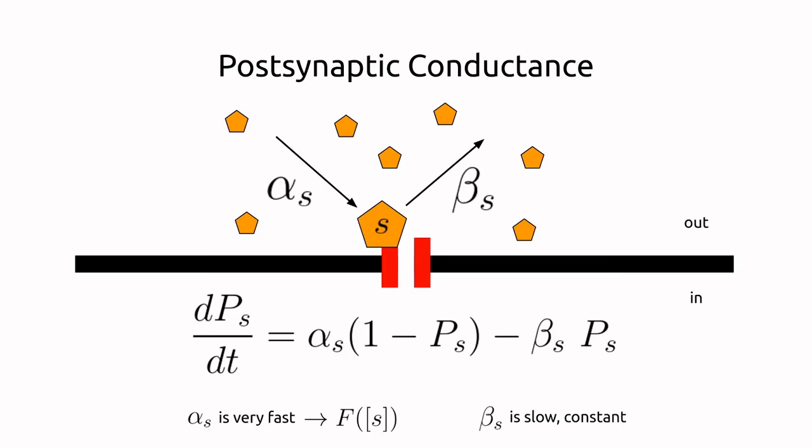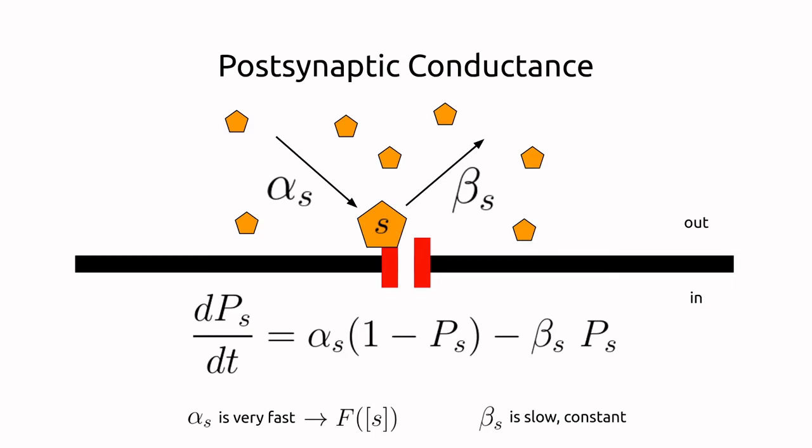However, unlike the Hodgkin-Huxley formalism, we won't specify alpha S and beta S in full biophysical detail. If we were to do the full biological detail, we would have to model the propagation of the transmitter across the synaptic cleft, which is a Brownian motion. We'd have to keep track of their positions, generate random numbers for them to wander around.